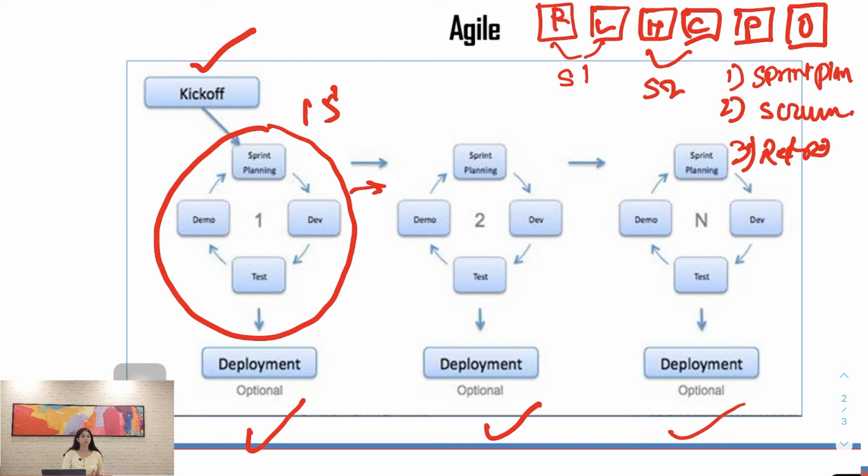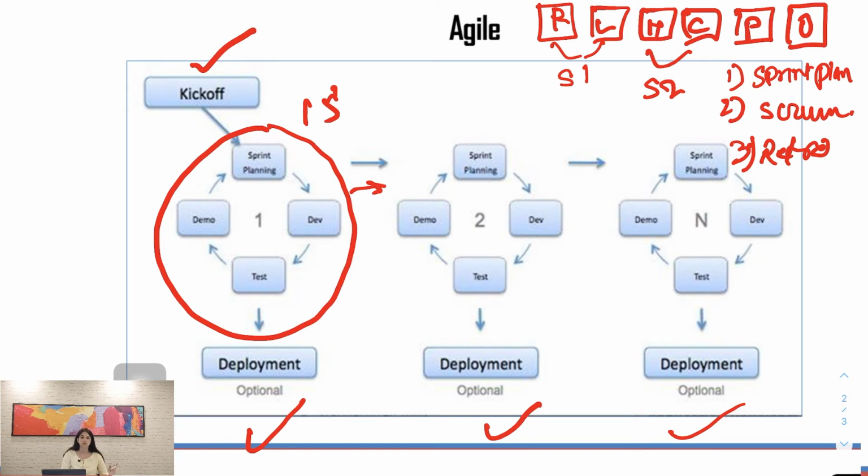So very disciplined model, very fast model, very innovative model, but there are certainly disadvantages. The major disadvantage which you might have noticed so far is that this model is not very much document oriented. That means we don't get enough time to create documents in this model, because you can see it's so fast paced.